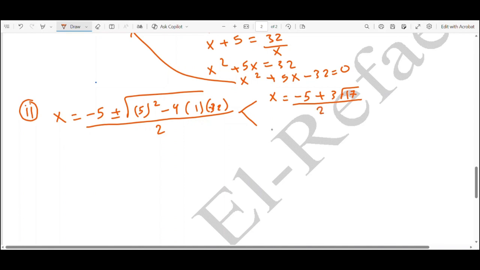The second one, negative 5 minus 3 root 17 over 2. As I said, you have to do a check to choose both or one of them. And according to the check, you're going to reject the second one and accept the first one. So the answer, x equals negative 5 plus 3 root 17 over 2.